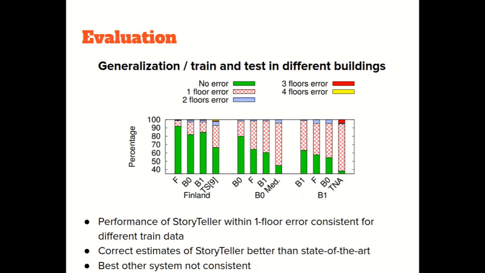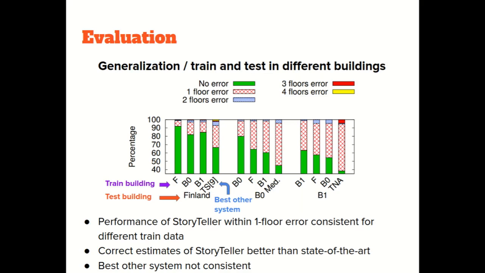To test the generalization ability of the StoryTeller, we use combinations of trained and test data from different buildings. We have 3 test buildings, indicated by the labels of each cluster, and different trained buildings. The last column is reserved for the best state-of-the-art system.